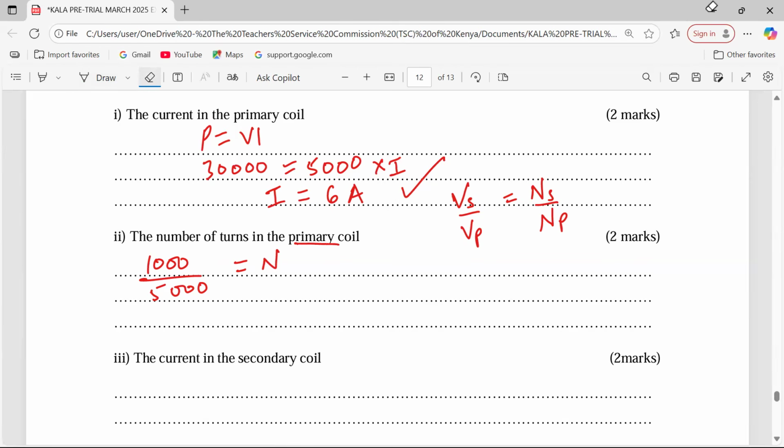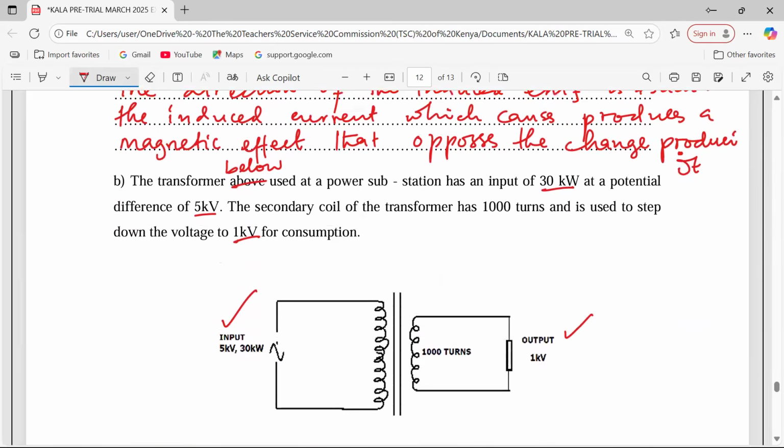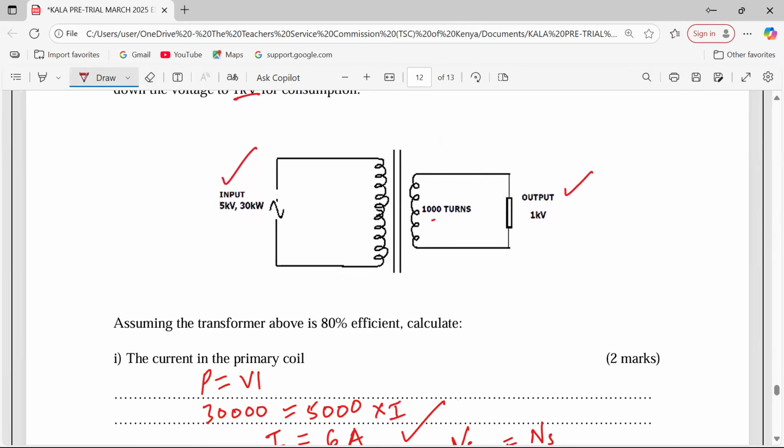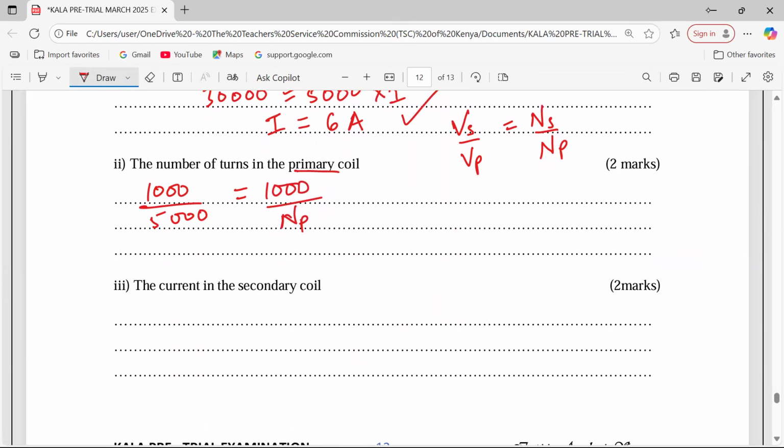Turns in the secondary is known to be 1,000, but in the primary, it's what we are calculating. So we need 1,000 N equals 5,000 times 1,000. So the number of turns in the primary equals 5,000.